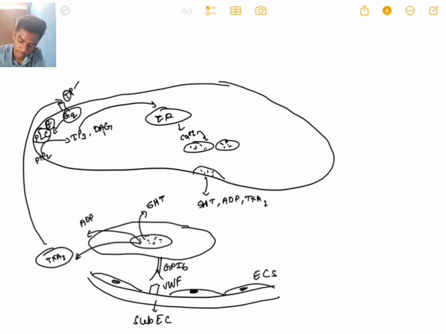Now this DAG will produce protein kinase C. See, there is a receptor called GP2B3A receptor on both the platelets. They are holding this fibrinogen.